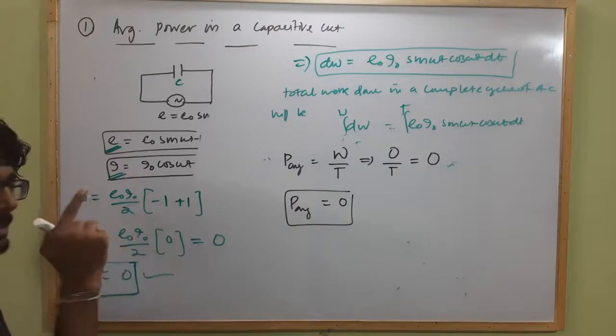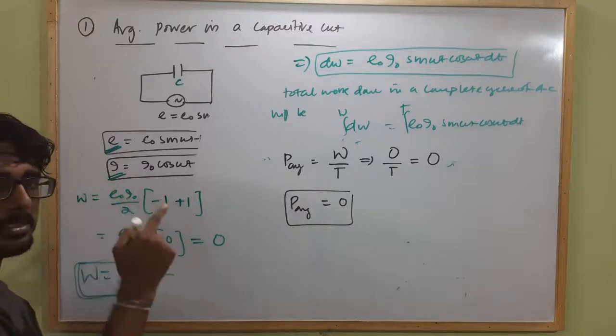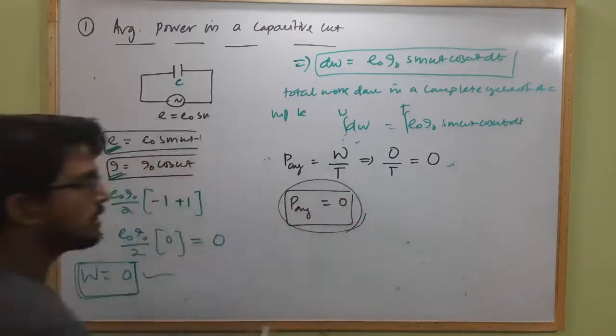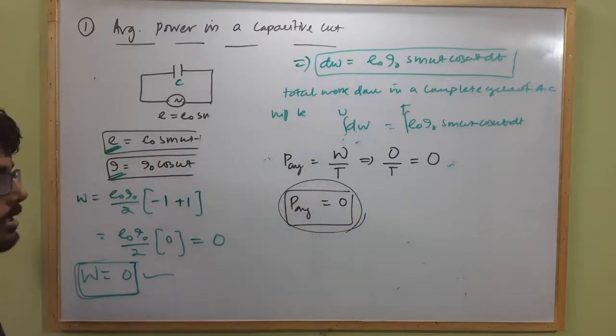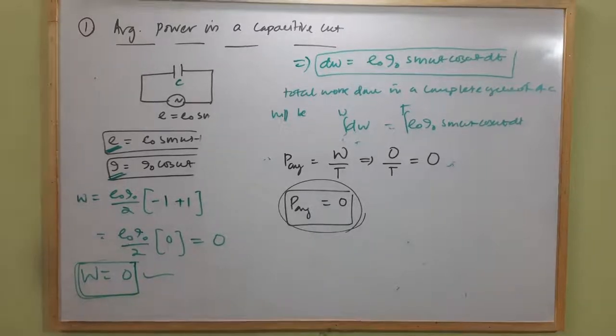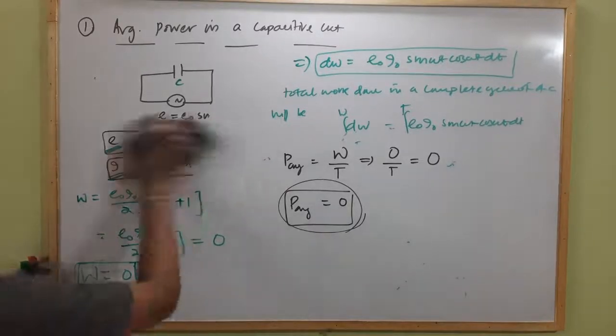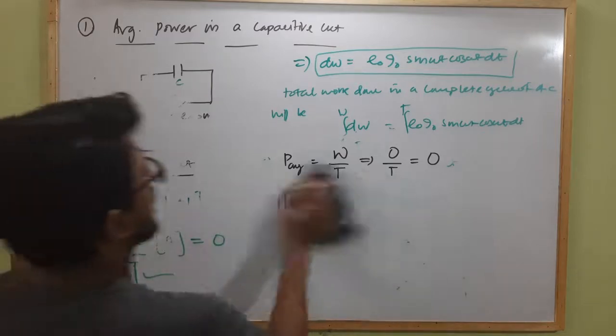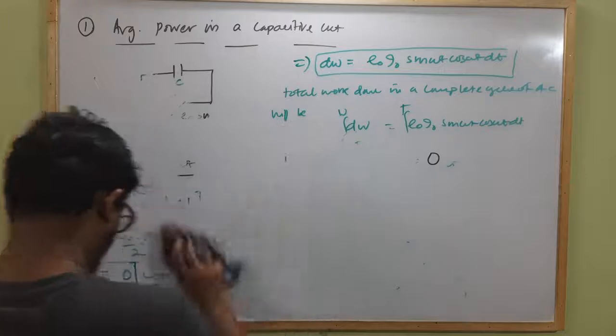Clear? For a resistive circuit it is I RMS square into R, but in a capacitive circuit the power average is 0 over a complete cycle. Clear? So next we will discuss what is the power average in a inductive circuit.